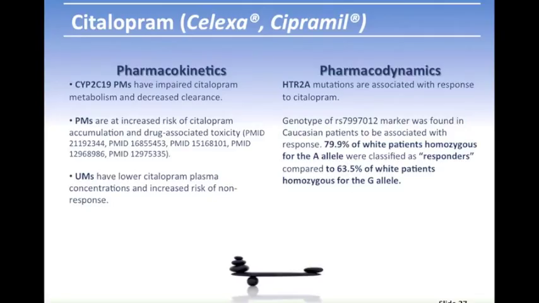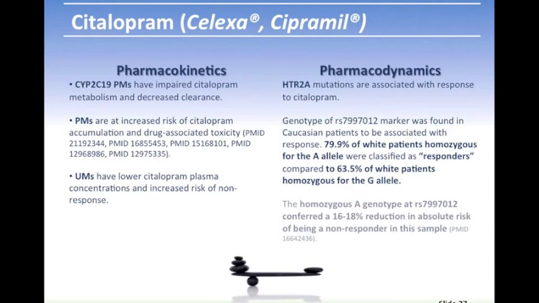Of those patients that are homozygous for the A allele, 79.9% of them are classified as responders, compared to 63.5% of white patients homozygous for the G allele. In other words, the homozygous A genotype for this SNP conferred a 16 to 18% reduction in absolute risk of being a non-responder in this cohort.